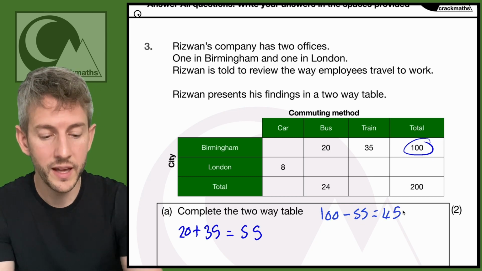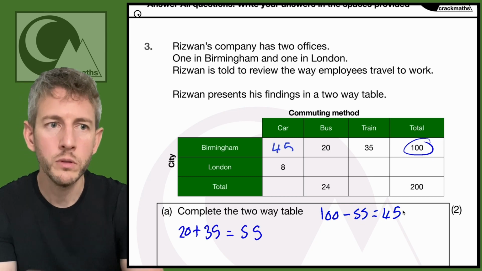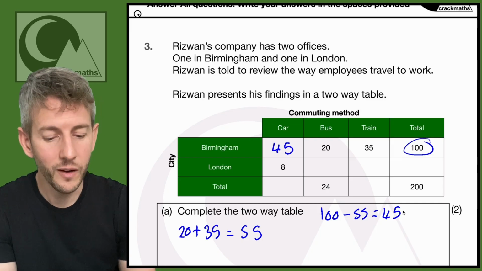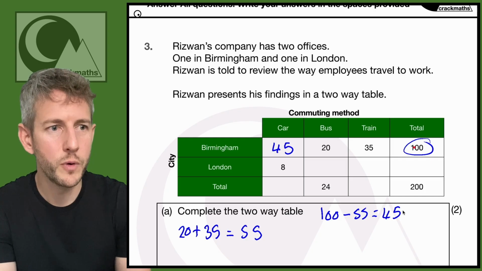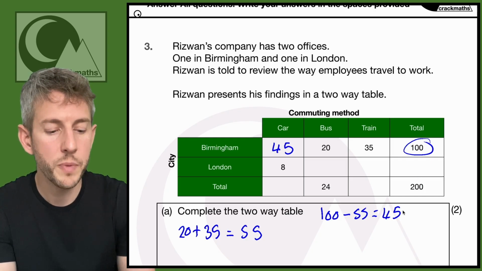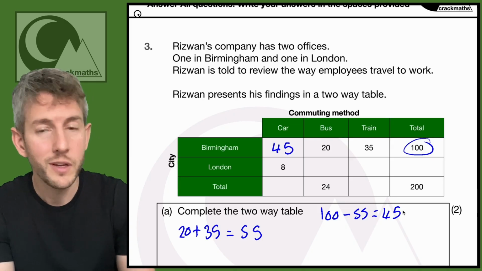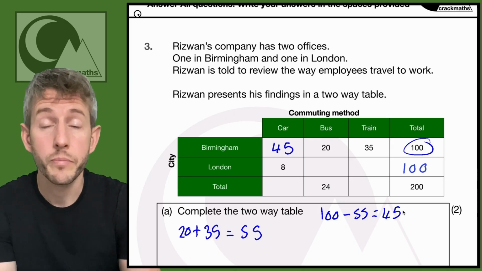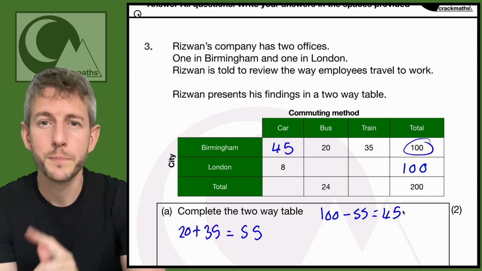So I can put here that 45 people travel by car. Now, this calculation is quite straightforward as well. We know that in total there was 200 people. We know that 100 people came from Birmingham. So that must mean that there's 100 people in London. So I can put my 100 there as well.